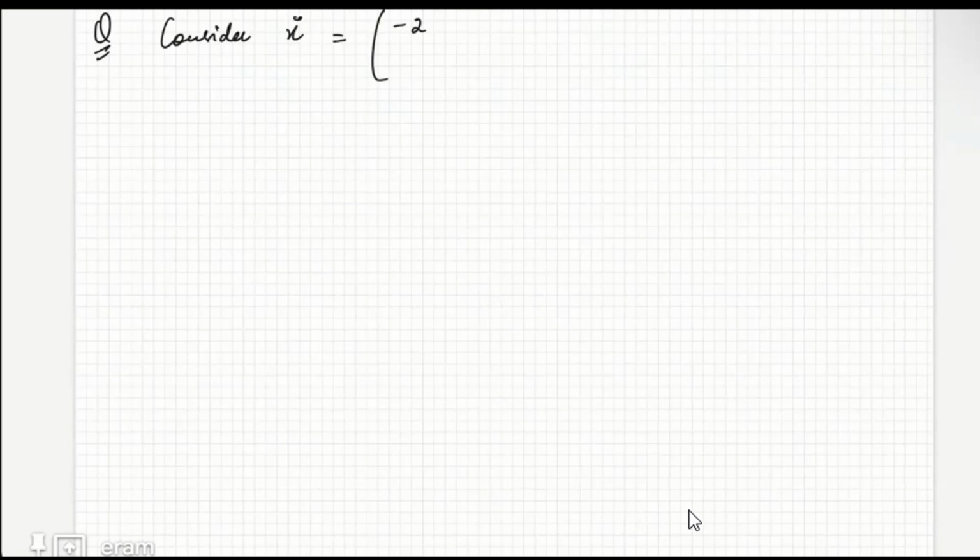Okay, now let's move on to our next question. Consider a system given as x dot equals the matrix [-2 1; alpha 1] times x. So we have a linear autonomous system. Then we have to find the condition such that the origin is a saddle.